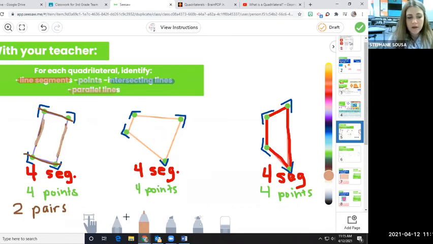Okay. Our trapezoids only have 1 pair. And it's a pair just like a pair of socks. A pair has 2 things in it. You got a pair of eyes, there's 2. You got a pair of socks, there's 2 socks. You got a pair of jeans, there's 2 legs. Pair, okay? This only has 1.